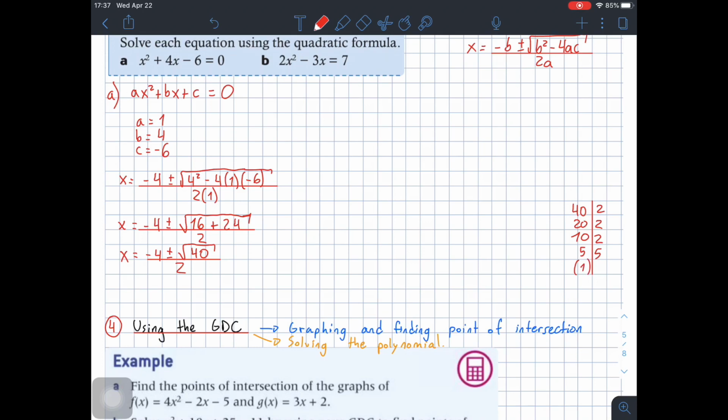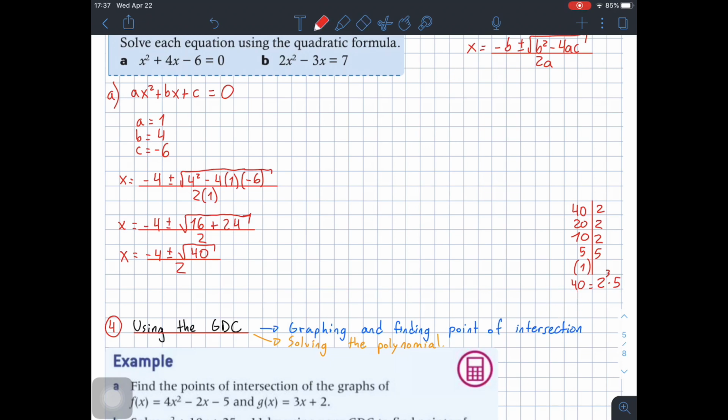So we get that 40 is the same as saying 2 to the third power times 5. So that means that we can take 2 out of the square root, and we would get 2 square root of 2 times 5, which is 10. 2 square root of 10 would be the square root of 40.